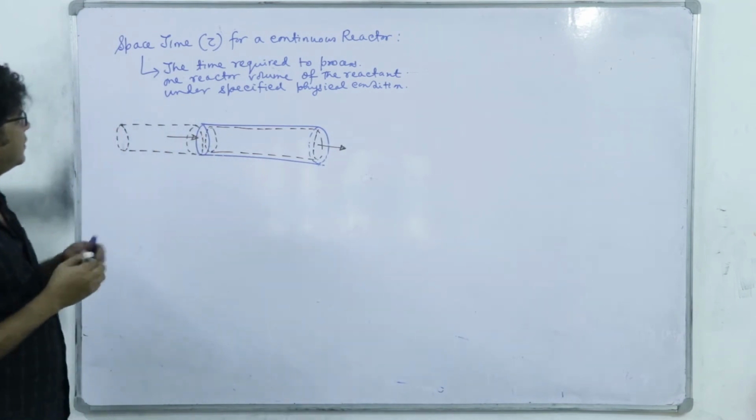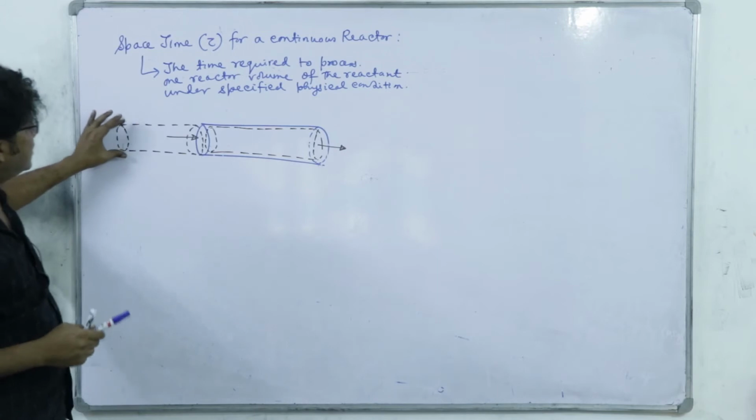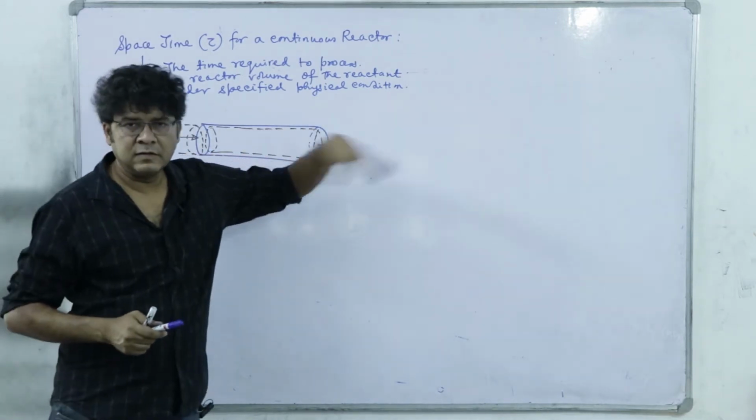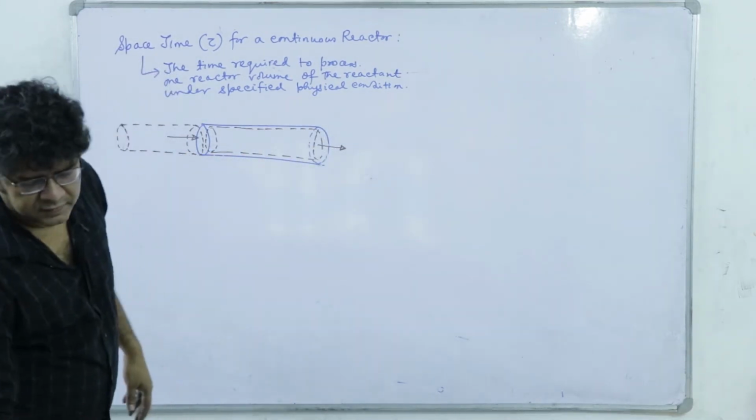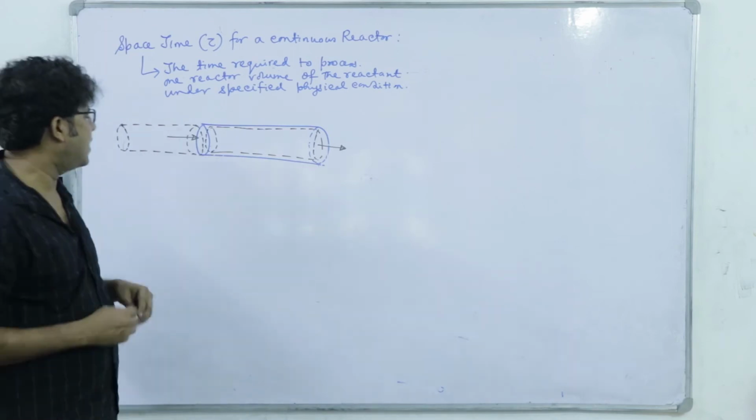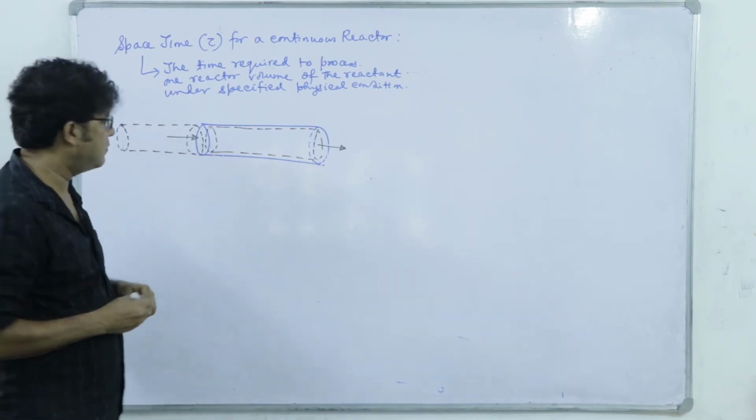So, this reactant volume enters the reactor and leaves. So, what is the time of its traverse through the reactor? That is basically the space time. Okay.